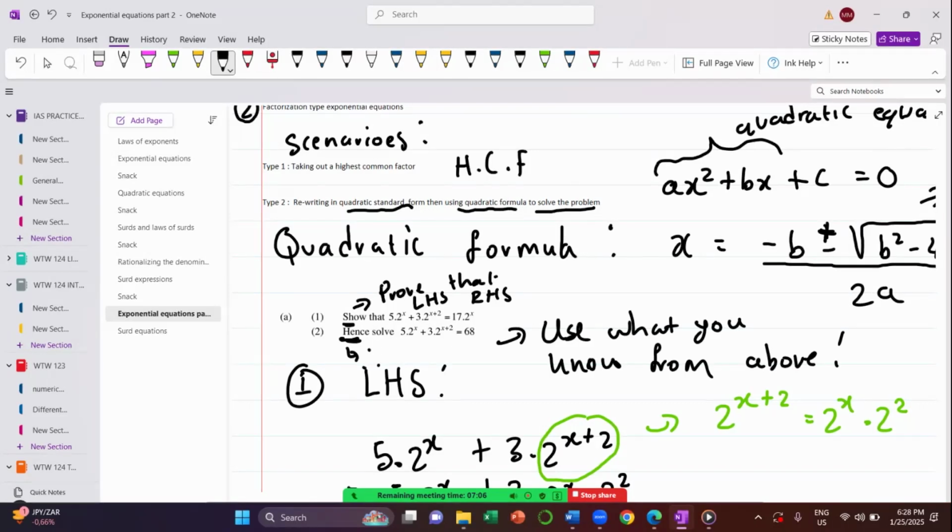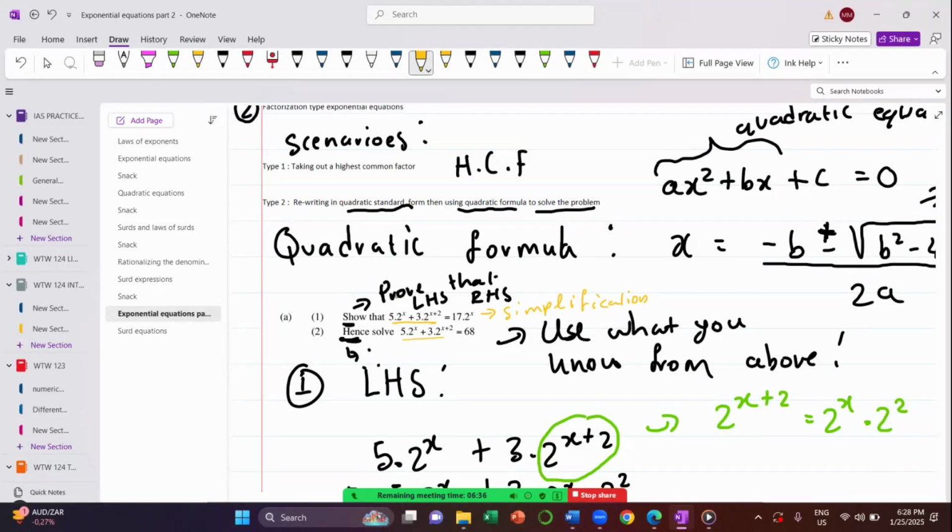Yes, sir. But check this equation. Look at what I have here. It's the same as what I had there, right? Yes, sir. And now I'm just solving for x. Here I was not solving for x. This problem was just simplification. I'm just showing that whatever is on the left is equal to whatever is on the right.